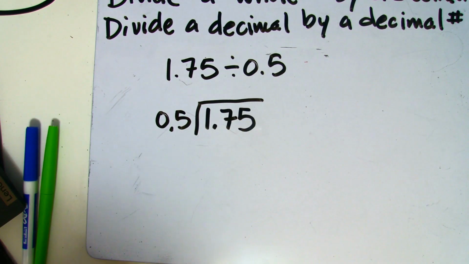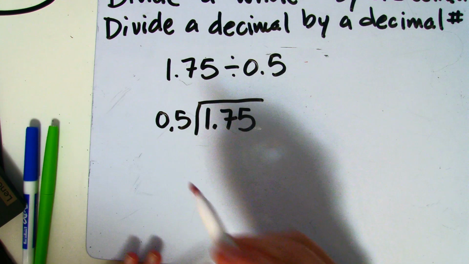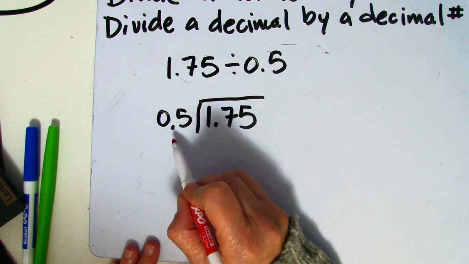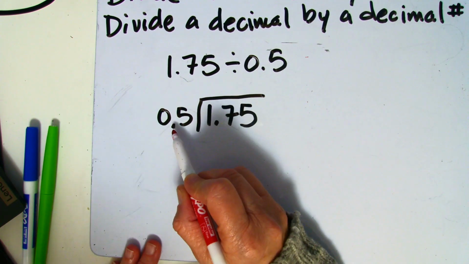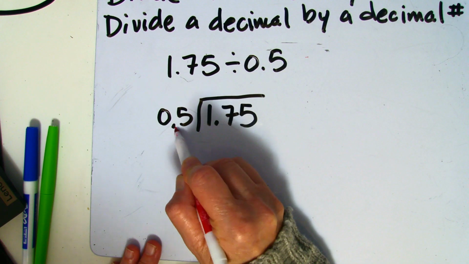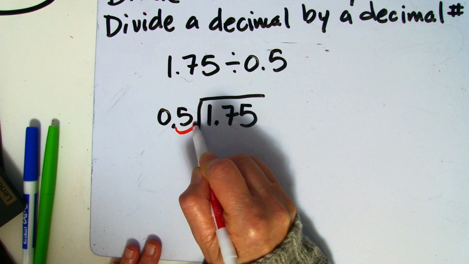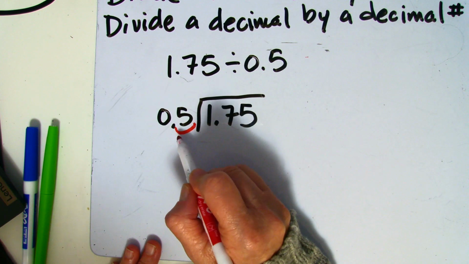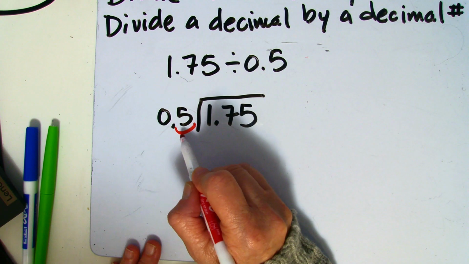Notice that the divisor has a decimal point. I do not want to divide by a decimal point, so I want to move the decimal point over to the far right. In this case, I'm moving it over 1 time. And that's essentially me multiplying this 5/10 by 10.